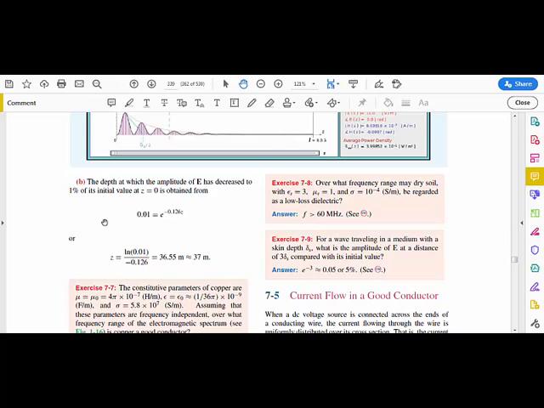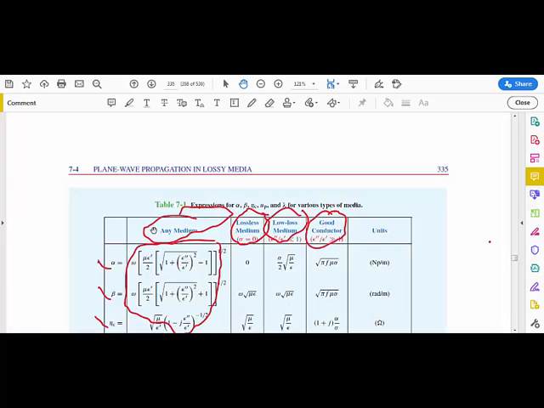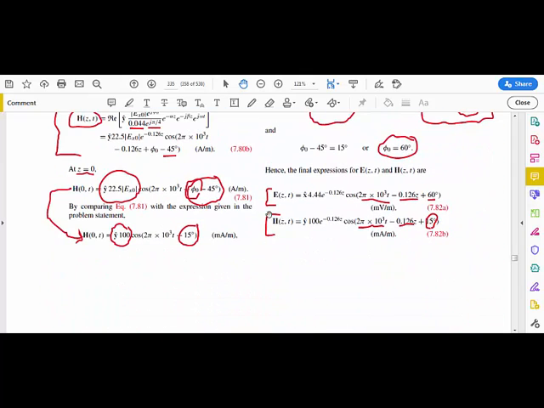So at z equal to 0, if we go back to the general expression and substitute z equal to 0, we get 1 for the exponential, and according to that it's 4.44 at z equal to 0.